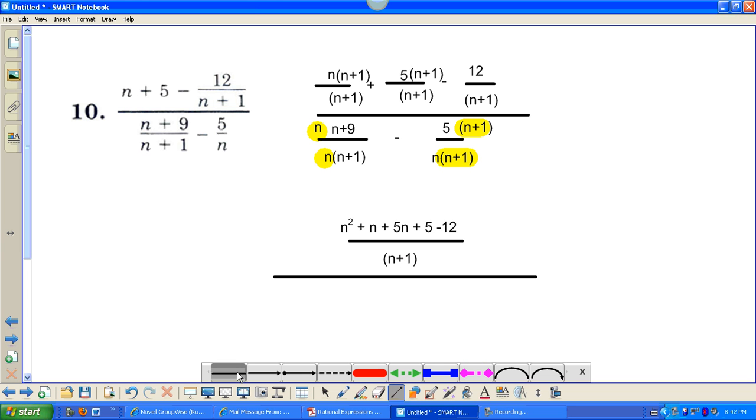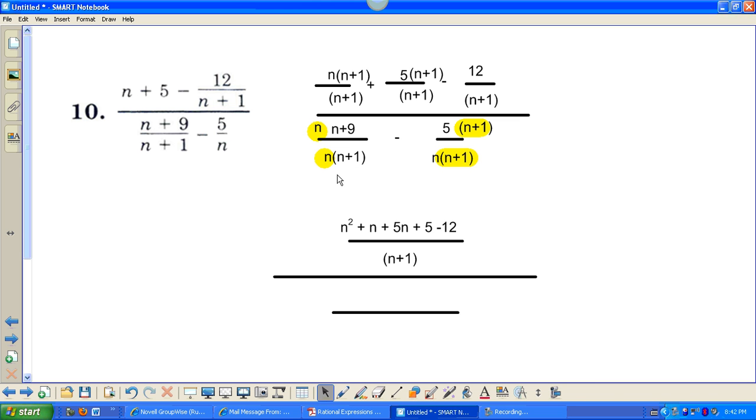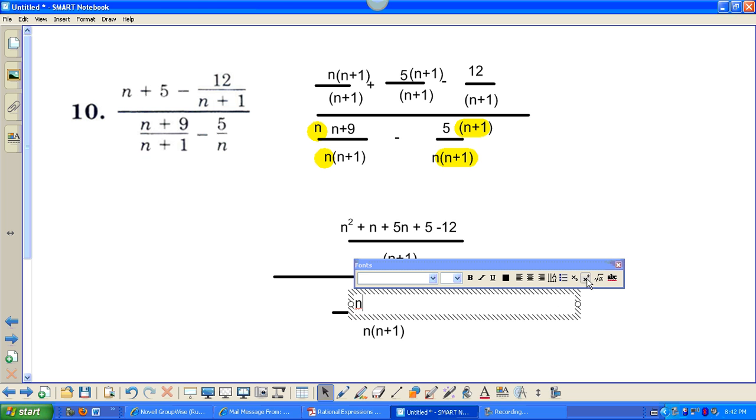So what that looks like down here, I keep my common denominator, and up top, I'm going to end up with n squared plus 9n minus 5n minus 5.